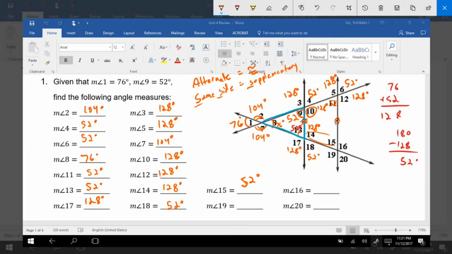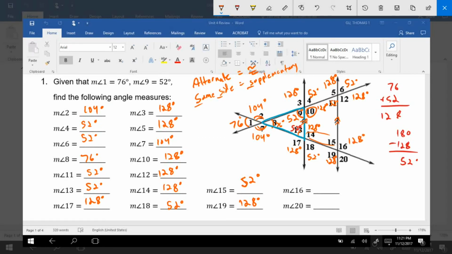All right, and then let's take a look at 19. 19 and 14, just for funsies. Look at 14 and 19. They are alternate interior angles, and that means they're going to be, what are they going to be? Congruent. So 19 is also 128 degrees. Now number 16. If 19 is 128, what's 16?